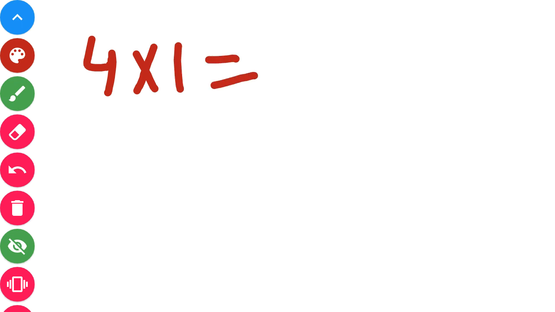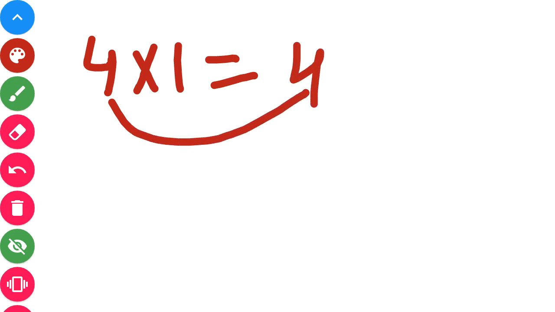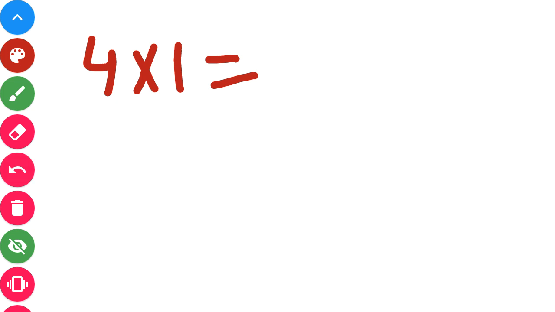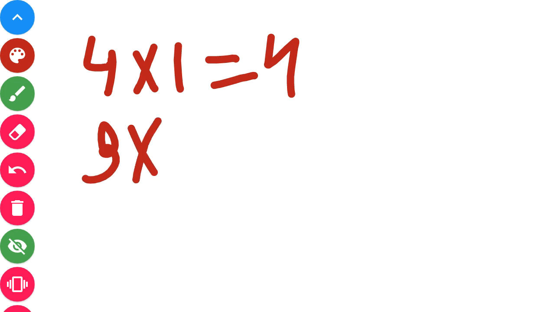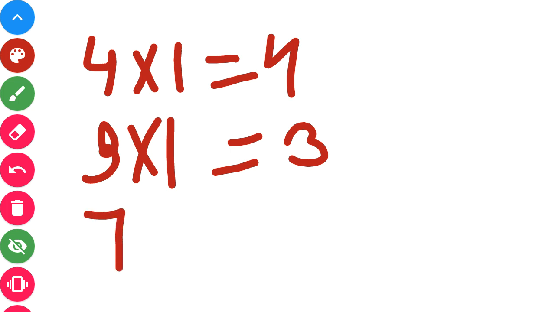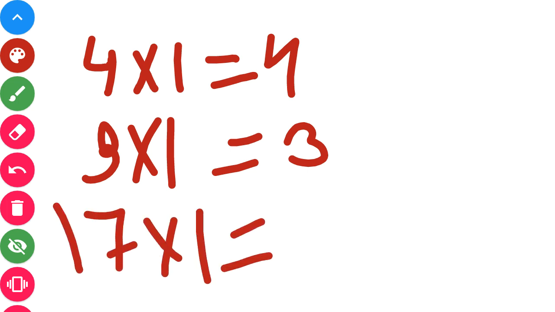That property states that if we multiply any number by 1, we will get the number itself as the answer. Now 3 into 1, how much will we get? Again we will get 3 only. 17 into 1, we will get 17.